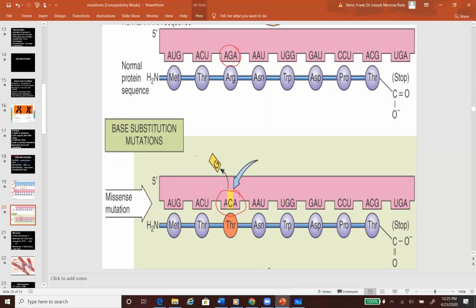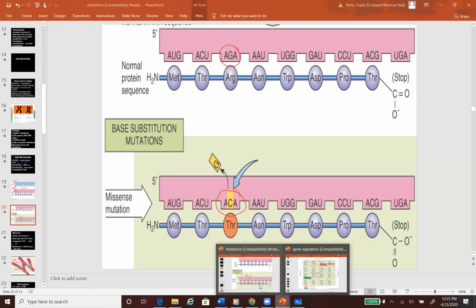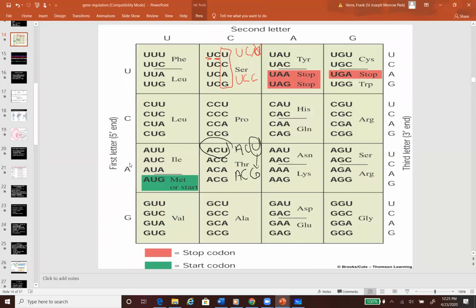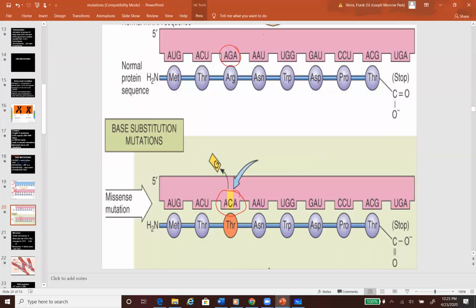Then that gives you a new amino acid. ACA, you can see here, is threonine, all right? The previous letters give you a different amino acid. So we went from arginine to threonine. That's called a missense mutation, all right?